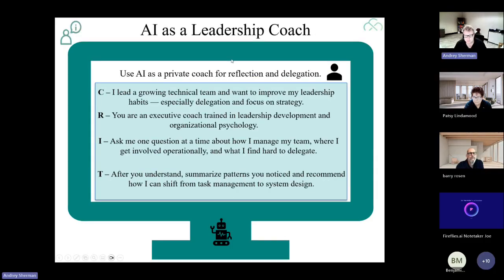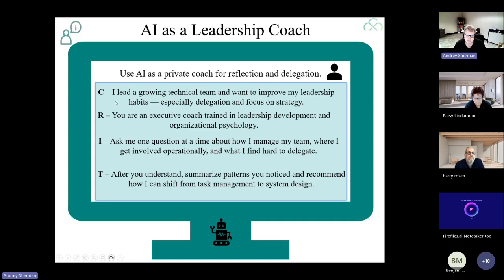So AI as a leadership coach. As leaders, we can go to expensive coaches, but I think part of what AI is going to do is replace a lot of professions, or at least the lower end of these professions as we know them, right?